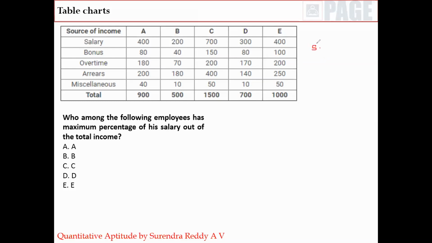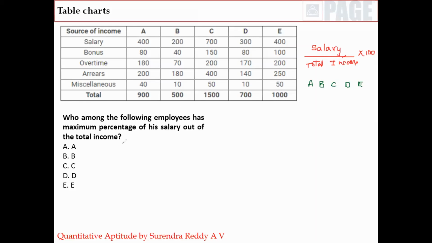So we have to do salary by total income into 100. Why? Because you are trying to express salary as a percentage of income. Now we have to do for A, B, C, D, and E, and figure out which person has this as maximum.